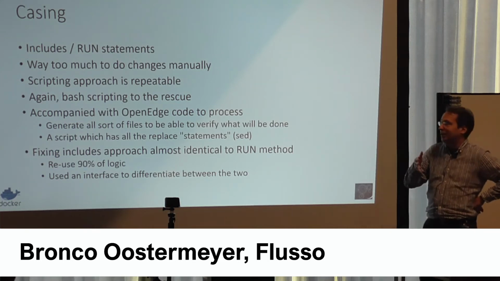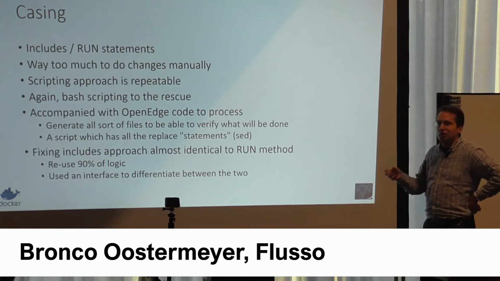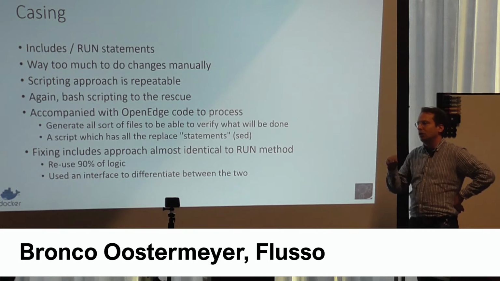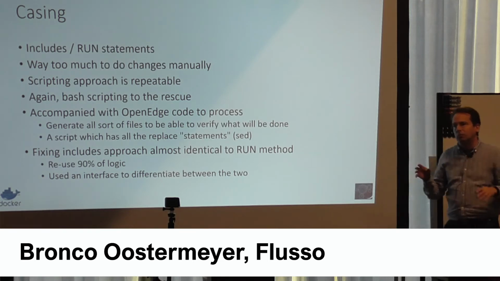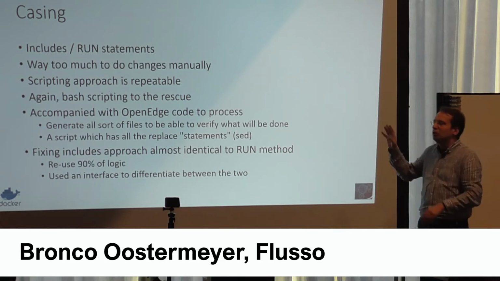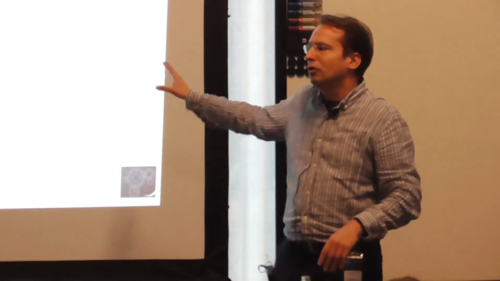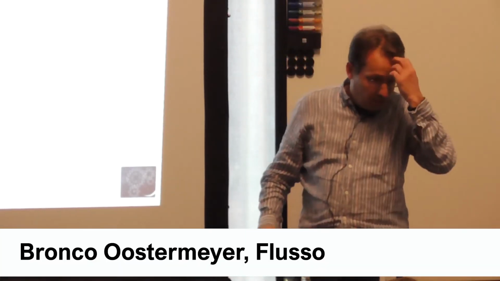And there as well, we use bash scripting to search for all the references and make sure that they were corrected accordingly. I think this approach covers about 99%, and there's always some stuff left. But if you're talking about thousands of files, that's worth the effort.